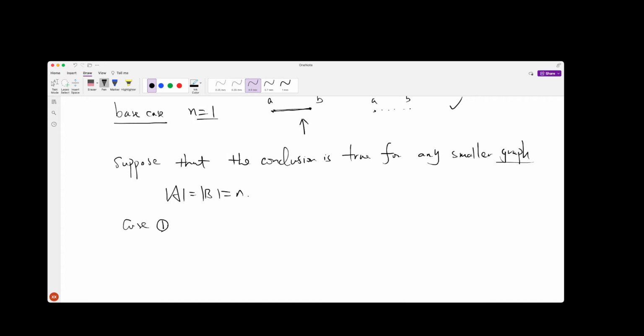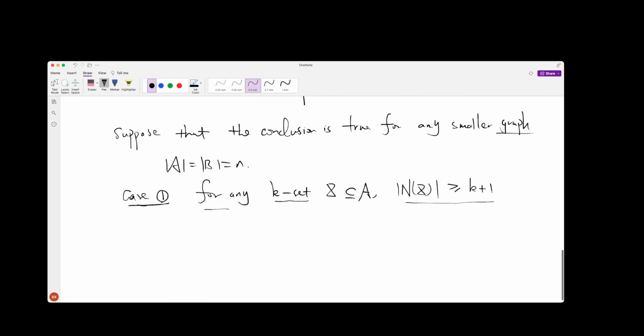Case 1: for any k set X in A, the neighborhood of X is greater or equal than k plus 1. You see the criterion of Hall says that this is at least k. So k set means that the size of X is k. But we are looking at a further case, saying that for any k set, actually this is stronger. So it's greater or equal than k plus 1. This is easy to deal with, but let's do this first.